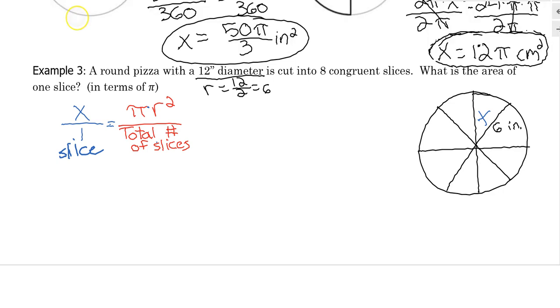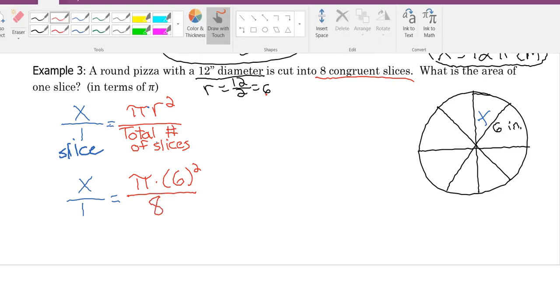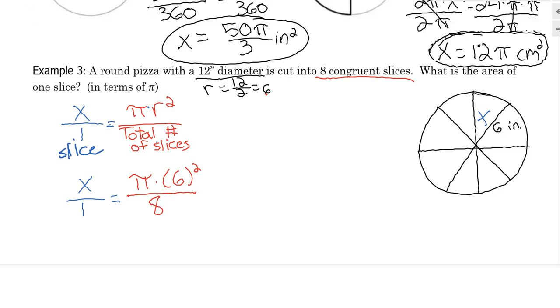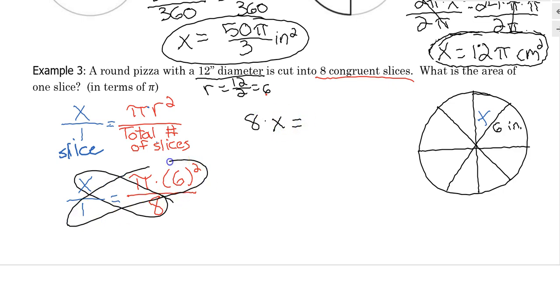So as I set up my proportion here, x over one slice is going to equal pi times, my radius is 6 squared, over, right, I have 8 slices. Right, so the area of one slice is the whole circle over all 8. Cross multiply. 8 times x equals 1 times pi times 6 squared.